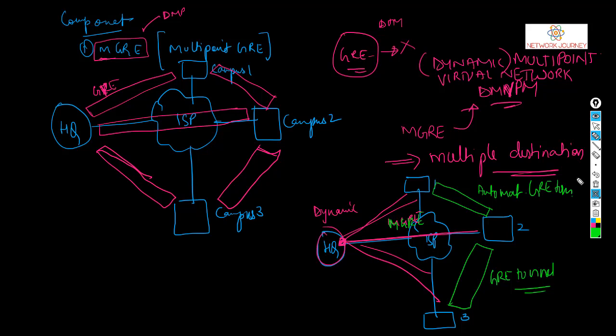Now, in terms of mGRE, there can be one issue. Let's say this is my headquarter connecting to the ISP, and then I have 2 branch offices.